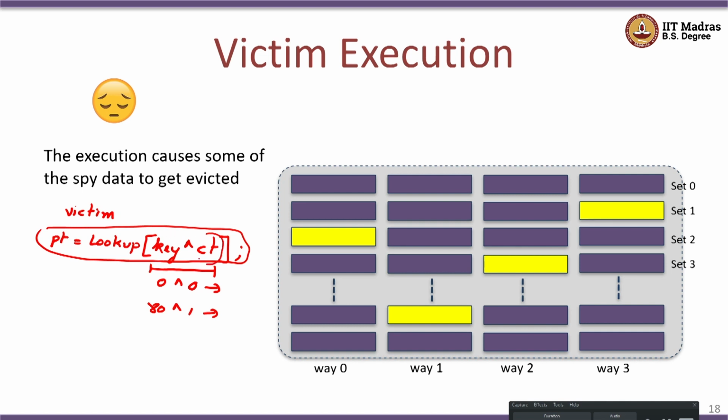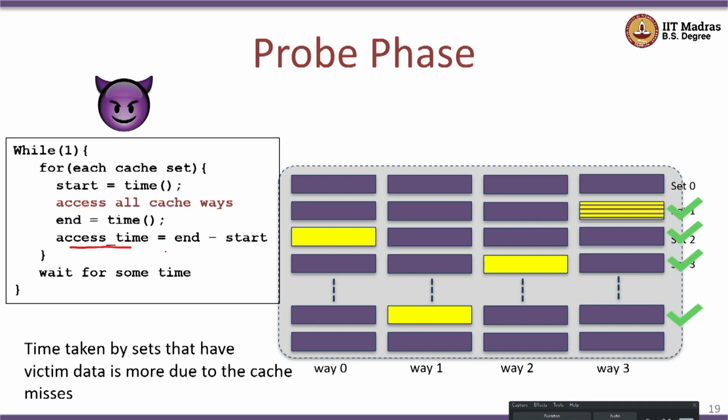Given that the attacker knows the ciphertext, if it also knows the index that has been accessed, it can use this relationship to identify certain bits of the secret key. So certain bits of the secret key present in the victim process can be leaked through the cache memory to another process, called the spy process, which is controlled by an attacker.